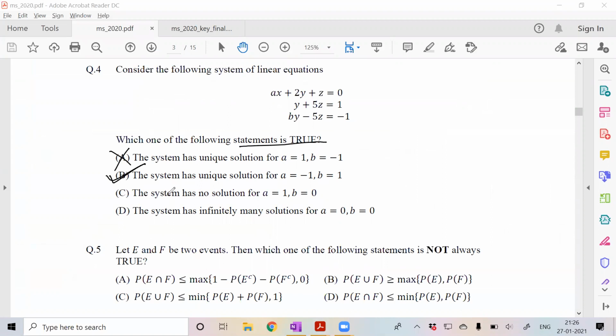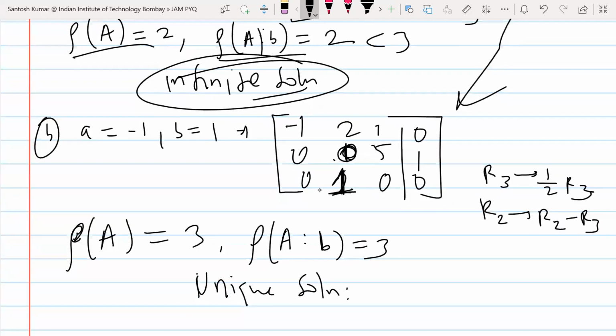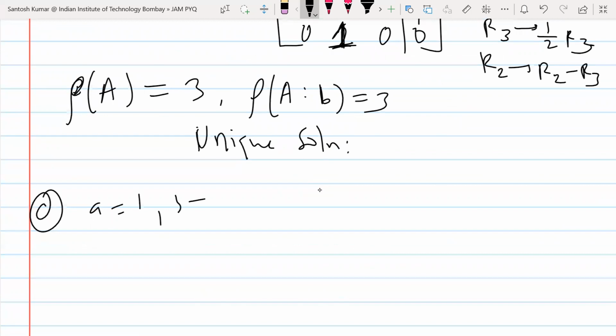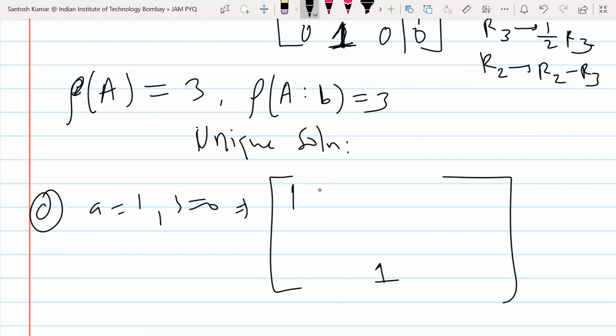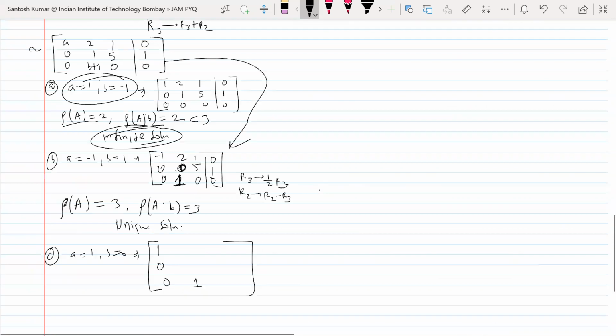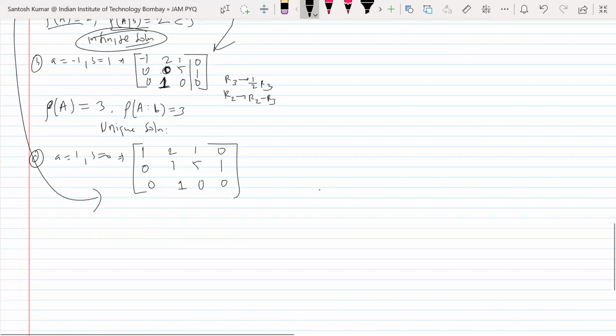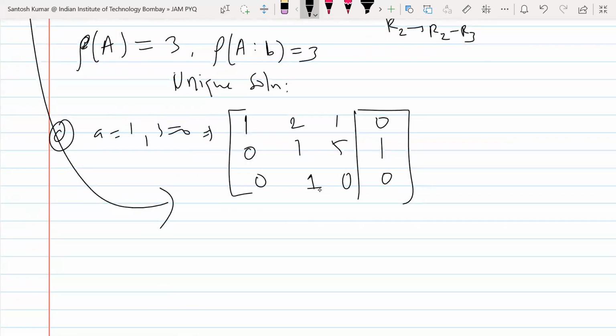So let's see a = 1, b = 0. Let's write the matrix: 1 2 1, 0 1 5 1, replacing the value of b, 0 0 0. Again, if we subtract the second row minus the third row, we get 0 here.